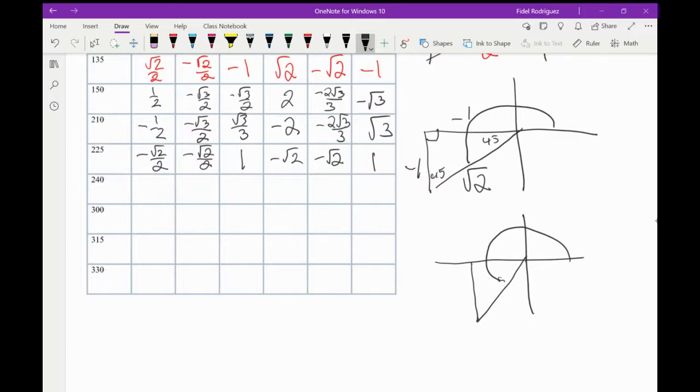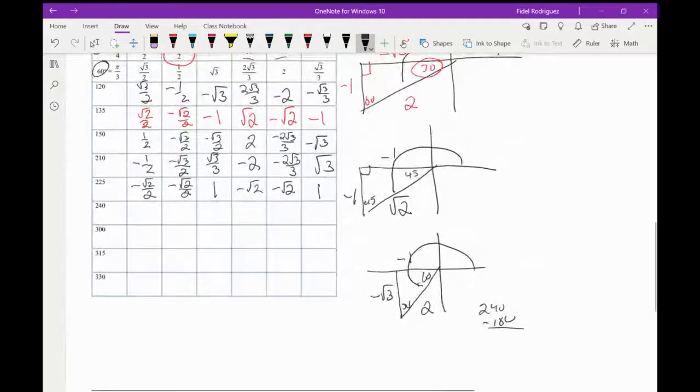Okay, so here's 240 degrees. So we're going to say 240 minus 180. Anyone know? 60. So this side is 60. This side is 30. That's a negative 1. That's a negative square root of 3. That's going to give me a 2. Okay.